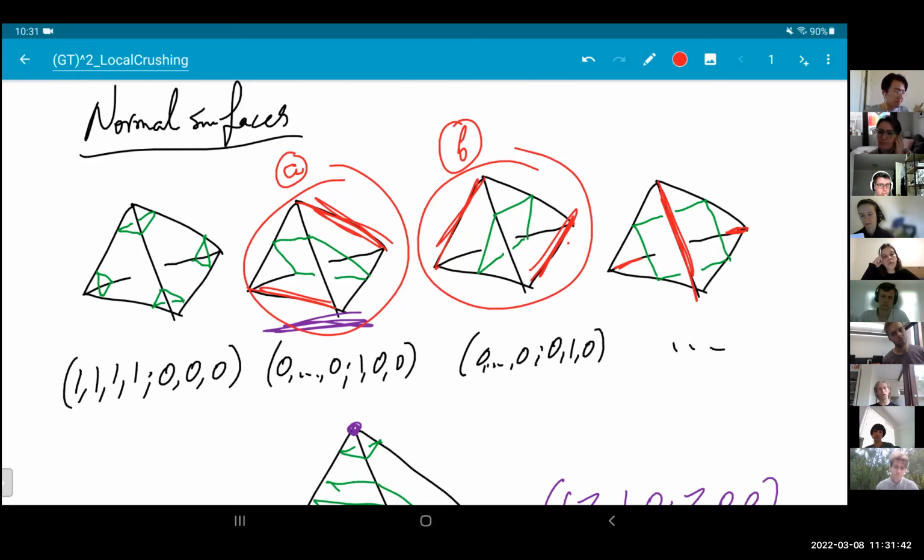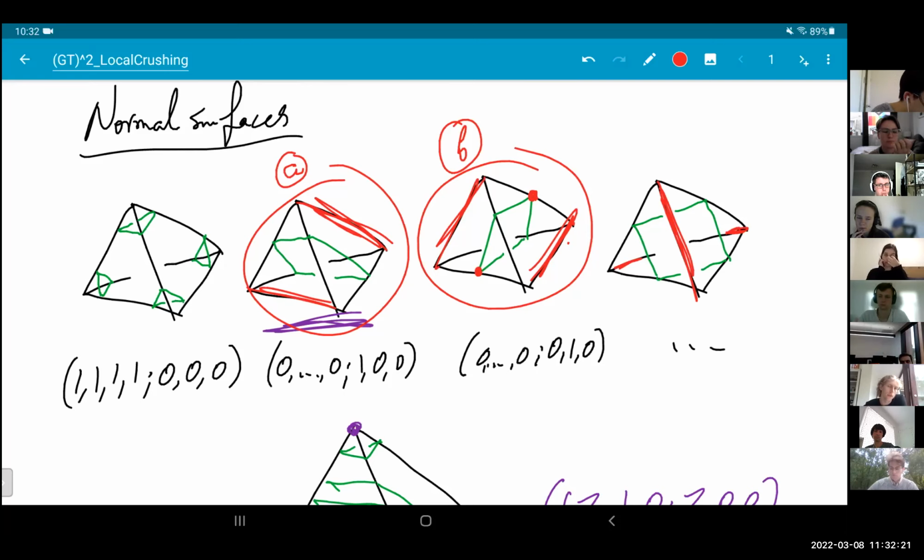Because they cut the tetrahedron in half in different ways, quadrilateral B touches the two halves that are split apart by quadrilateral A. So there's no way to arrange for these quadrilaterals to be disjoint, and therefore you couldn't have an embedded surface from that. So the quadrilateral constraints say that if you have any quadrilaterals at all in your tetrahedron, they all have to be the same type. Otherwise, you can't have an embedded surface.